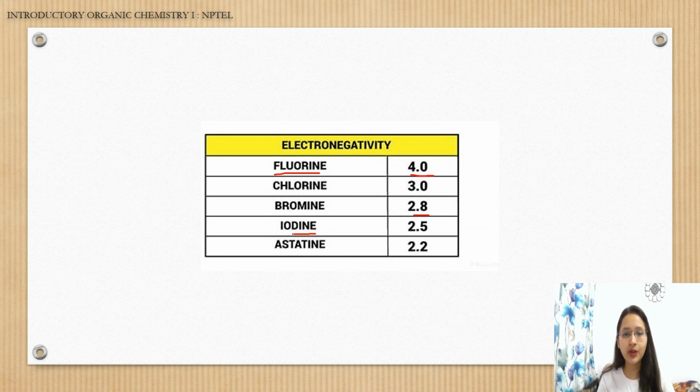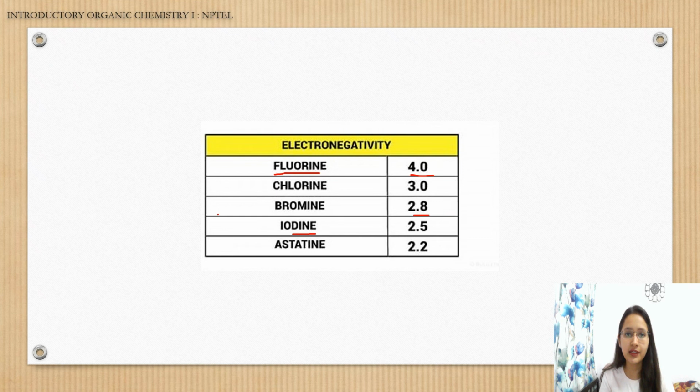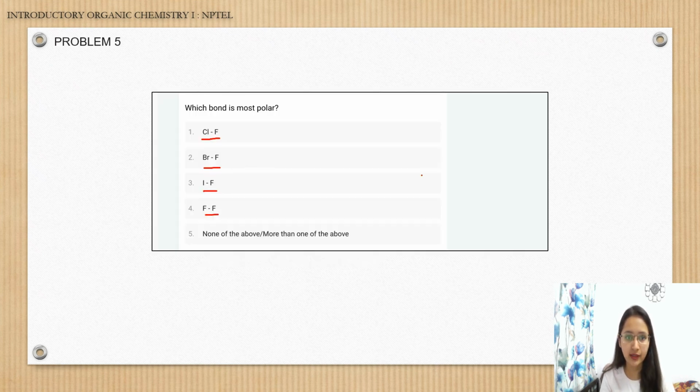So iodine and fluorine have a very high electronegativity difference, which is why the fluorine-iodine bond is more polar than the fluorine-chlorine and fluorine-bromine bonds. And fluorine-fluorine is the least polar, because there is no electronegativity difference at all. This is also 4 and this is also 4.